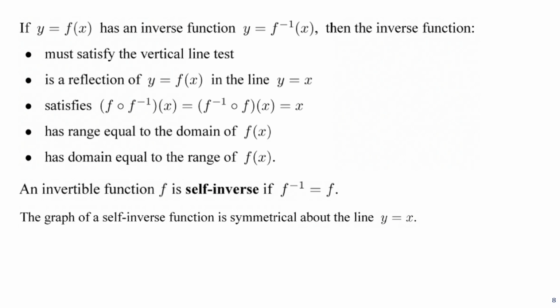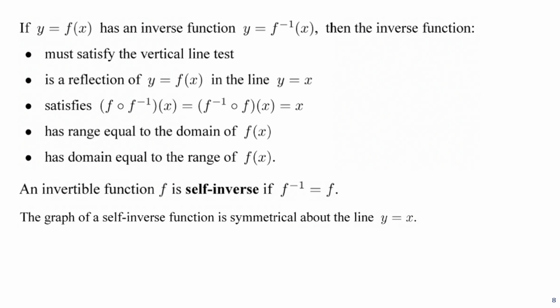So it must pass the vertical line test. And we also know that the inverse function is a reflection of y equals f(x) in the line y equals x. So basically, the original function and the inverse function are symmetrical in the line y equals x.